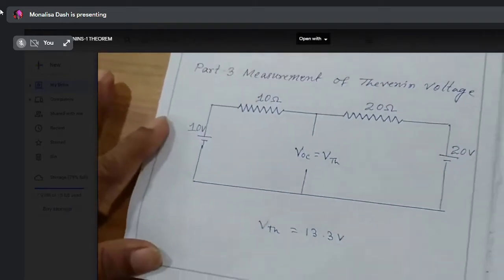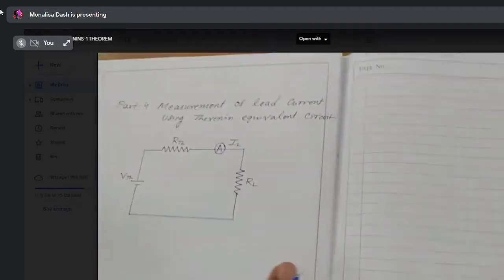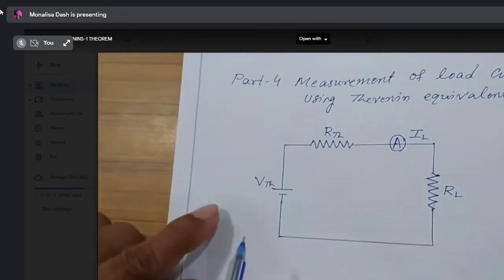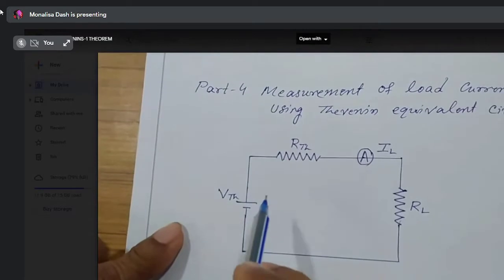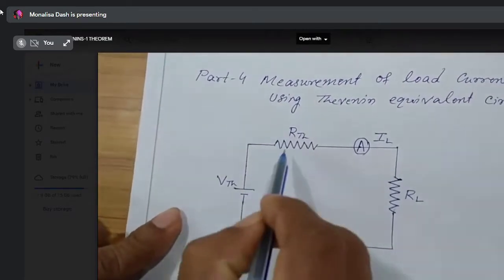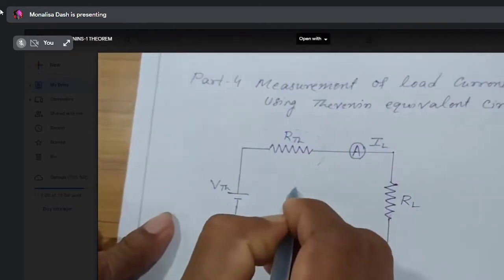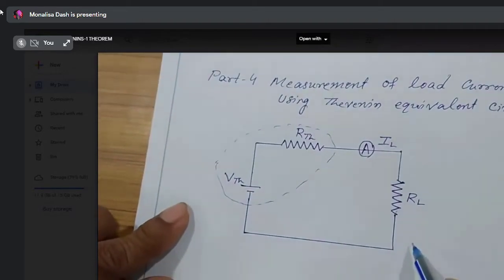So now, using this Thevenin equivalent circuit, we have to measure the load current. Here in the Thevenin equivalent circuit, this is your VTH and this is RTH. VTH and RTH are both in series, and this is the Thevenin source, and this is the required load resistance.